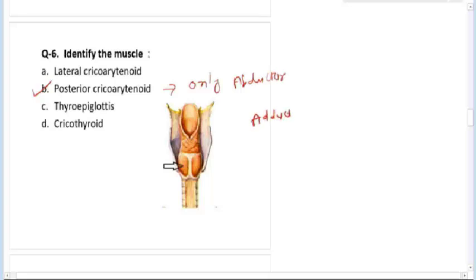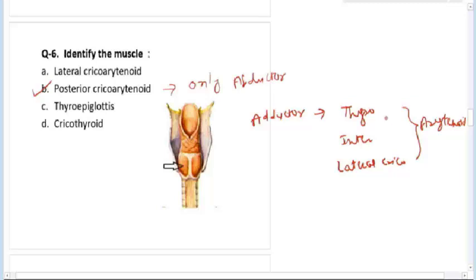Adductors are thyroarytenoid, interarytenoid and lateral cricoarytenoid. The mnemonic is Tilka.